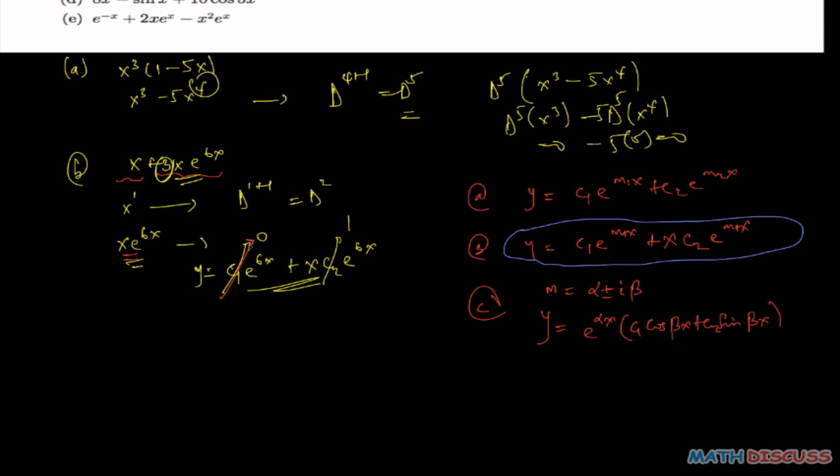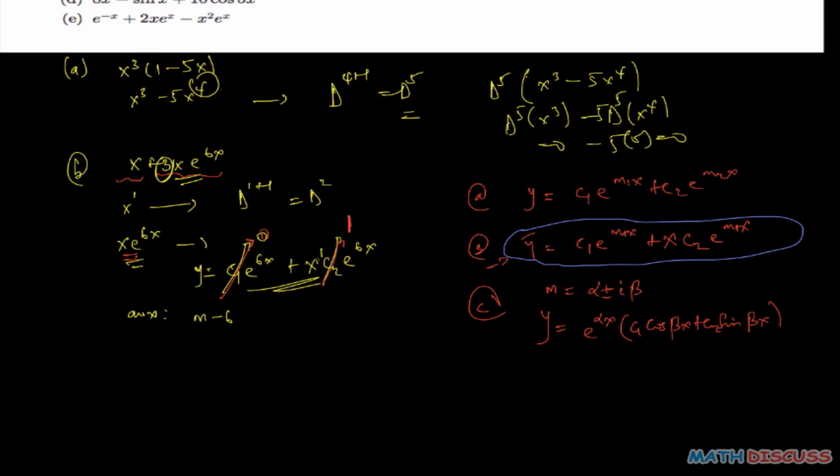When that is the case, we find this. That means x e to the power 6x is a particular case of this general solution. So it implies that the auxiliary equation from which this is formed is going to be m minus 6.